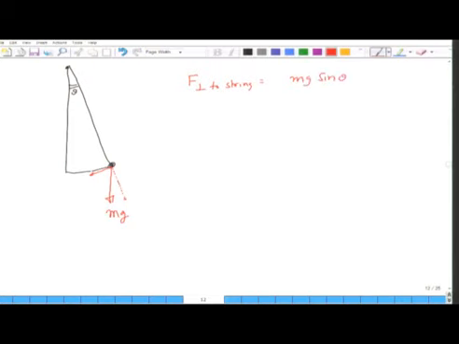So, force is mg sine theta, all right, which for theta much less than 1, if the length of the pendulum is L and this displacement in the horizontal direction is x, then x or this arc length does not really matter for theta much less than 1. Therefore, this can be written as roughly mg theta, which is equal to mg x over L.